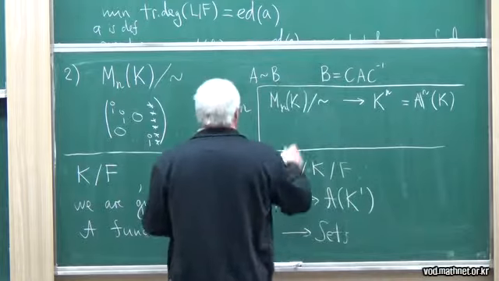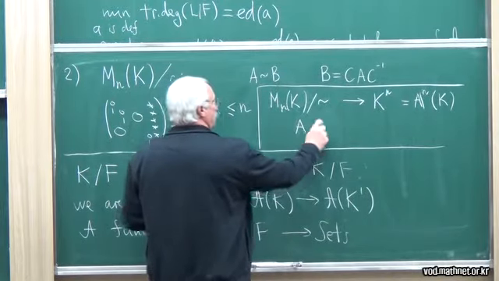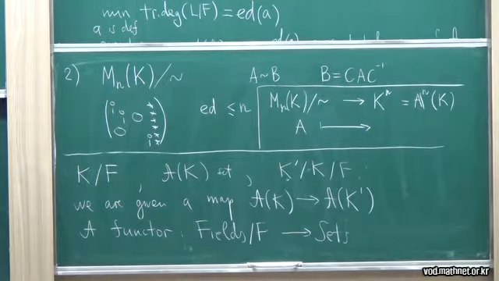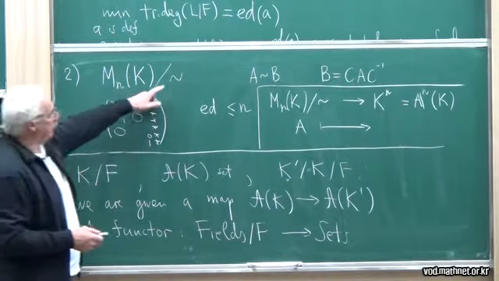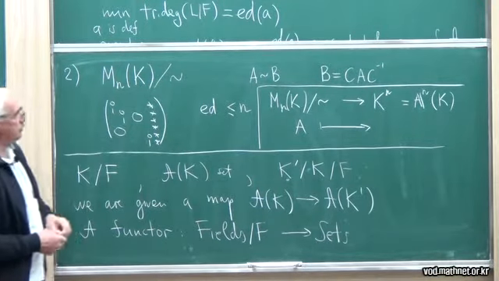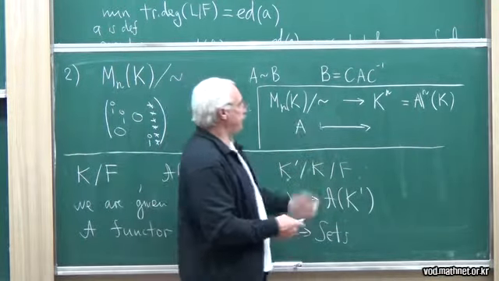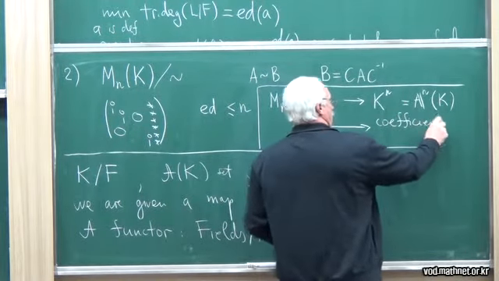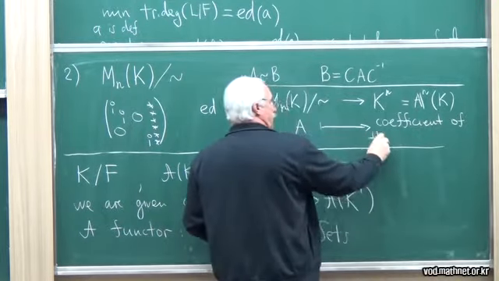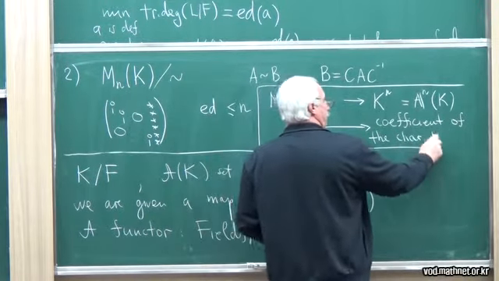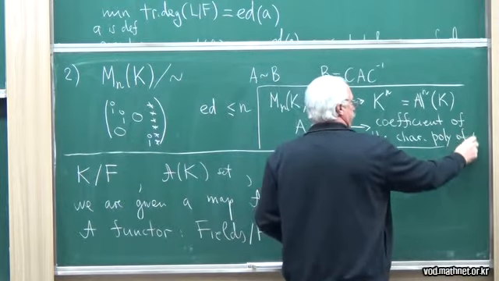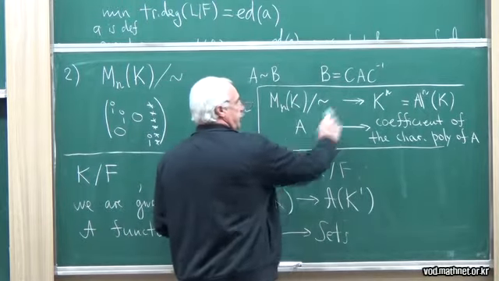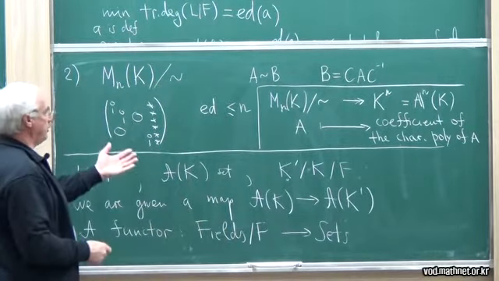What is this map? You take a matrix A to the coefficients of the characteristic polynomial of the matrix. The characteristic polynomial is invariant under this equivalence, so you have this map well defined. And this map is surjective because obviously for any coefficients of the characteristic polynomial you can find a matrix with that polynomial.